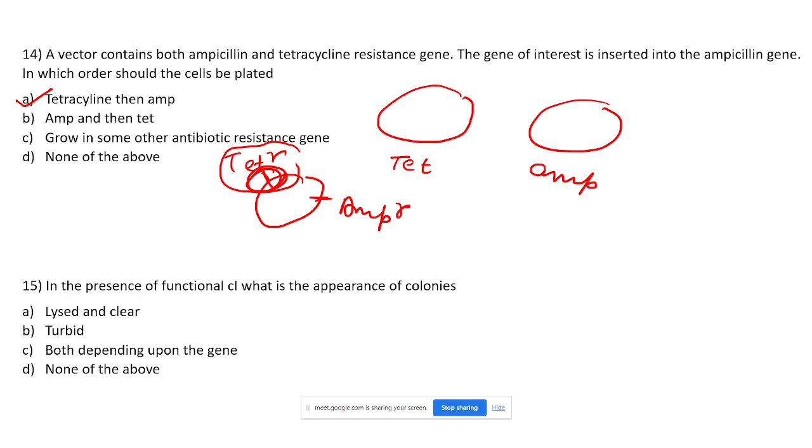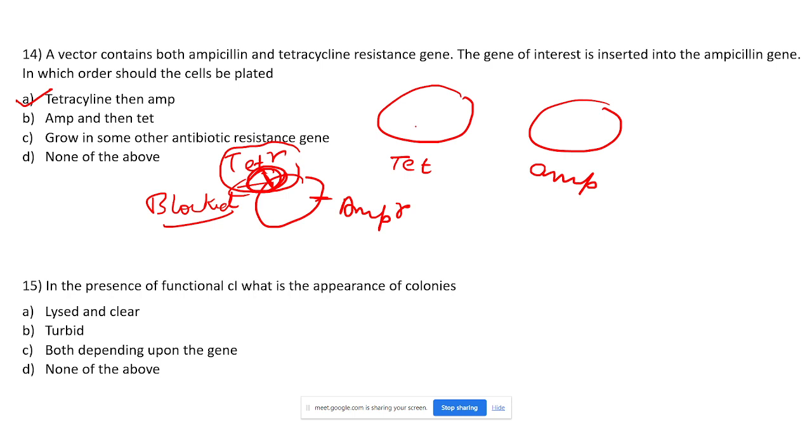So tetracycline is not able to kill it. But if my gene of interest is inserted here, then this tetracycline resistance gene is damaged. It is blocked or damaged. So now this vector is not resistant to tetracycline.